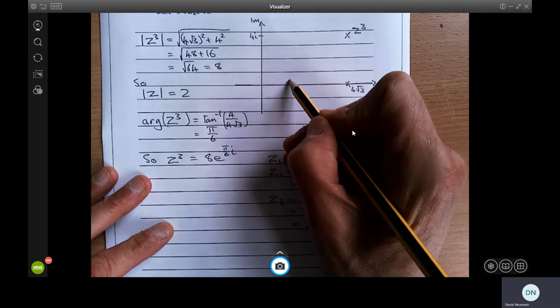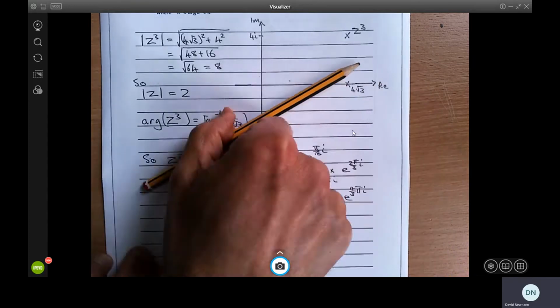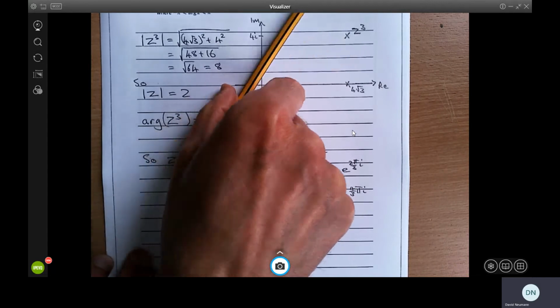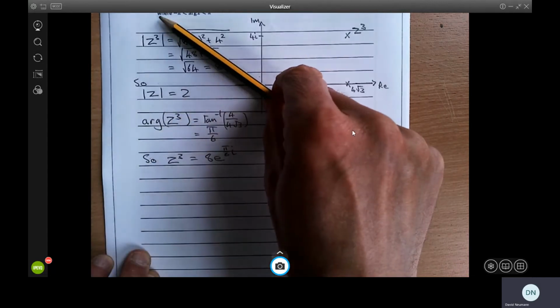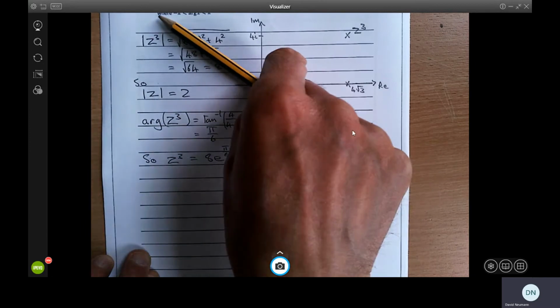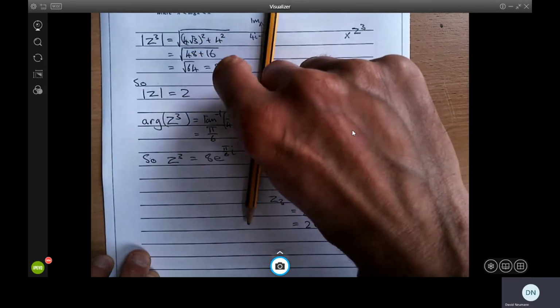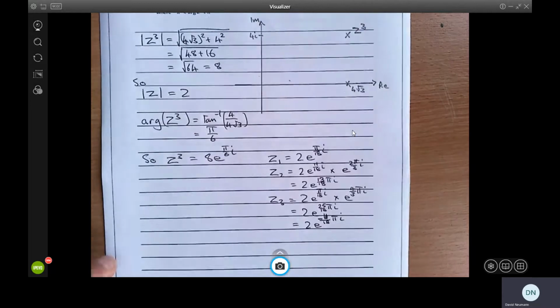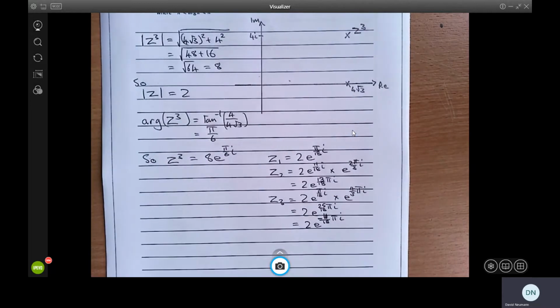So we've got one solution there, another solution 2/3 of the way round the circle, a further solution another 2/3 of the way around the circle, and then if we continue around another 2/3, we're going to get our first solution back again. So that's using those nth roots of unity to find solutions to that equation.